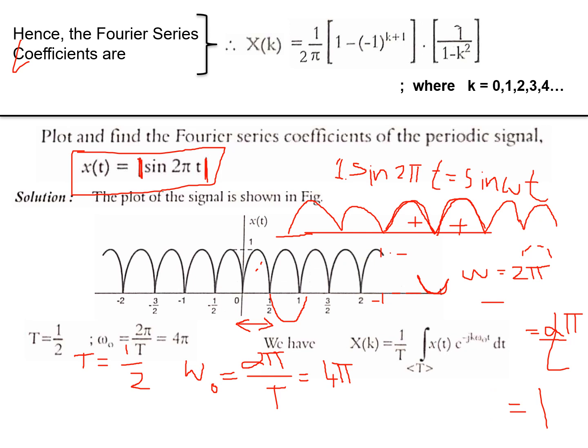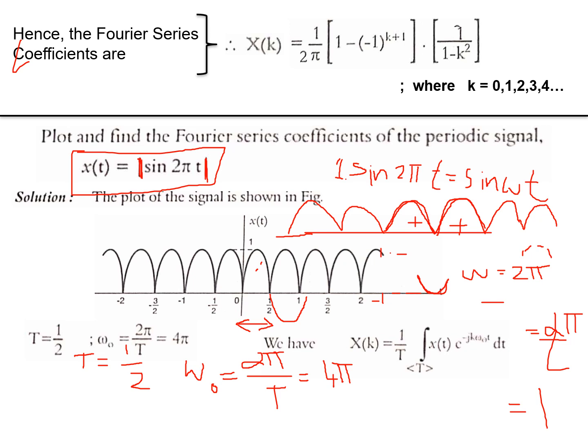X of k is equal to 1 by T, integration over the time period, x of t into e power of minus j k times omega naught into t. Here x of t is sine 2 pi t. The modulus I can ignore, because since you are writing the expression, the modulus doesn't have any meaning inside the formula. Ignore that.